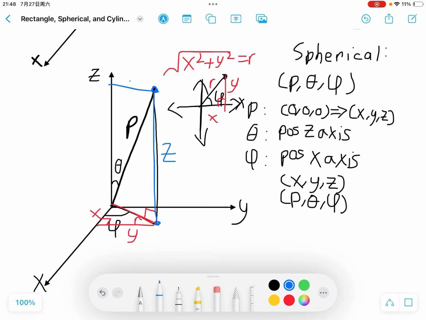So I have our first formula. Rho is equal to root r squared plus z squared, because we use the Pythagorean theorem for that. It's just like the right triangle we do in the unit circle and polar coordinates. So r squared is equal to x squared plus y squared, so that's equal to x squared plus y squared plus z squared.